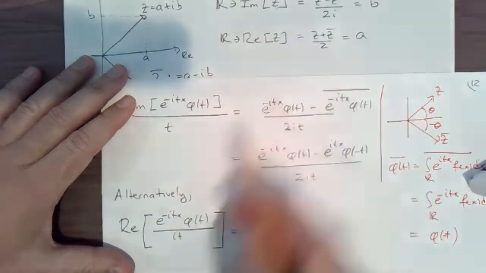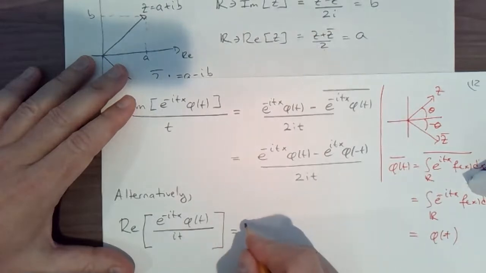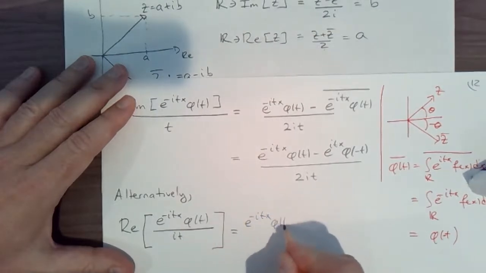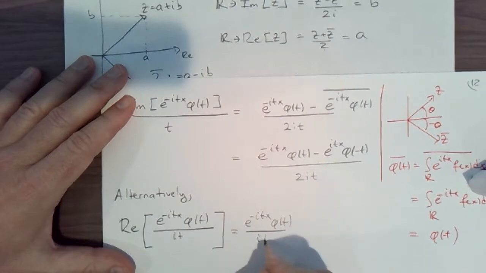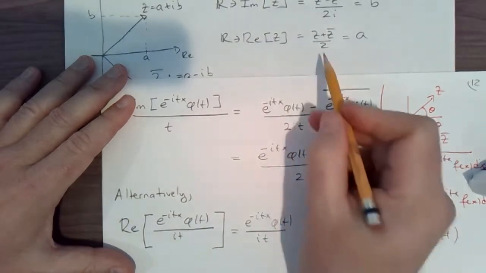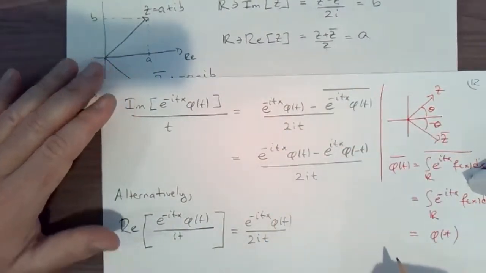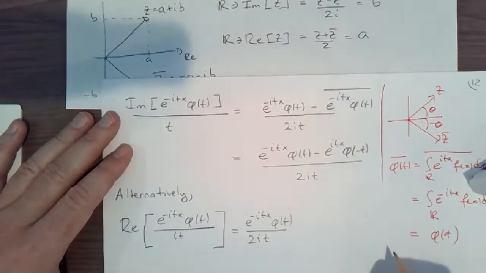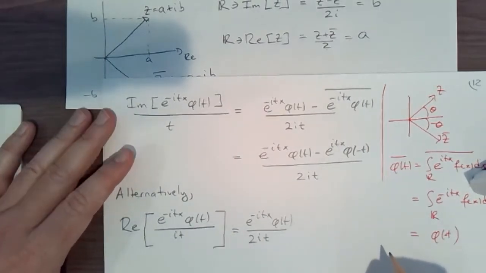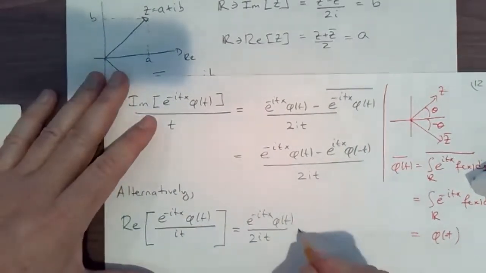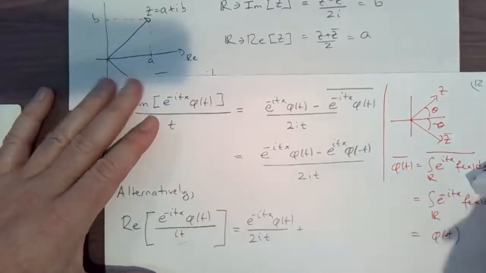So the first one will just be the number e to the minus itx phi of t divided by it, and then I had 2. And then I'll have to add the conjugate of this one.